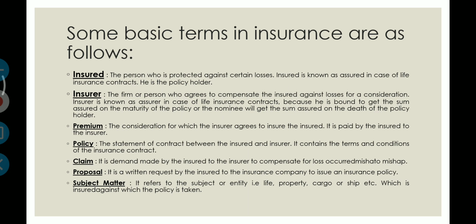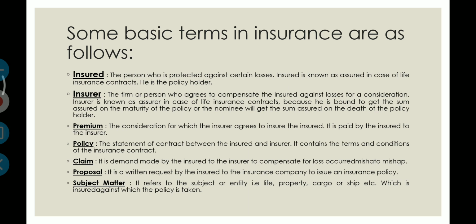Why? Because in other forms of insurance like marine insurance, fire insurance, or any other general insurance, the person is compensated. If I am taking the insurance policy, I am only secured. I will only be getting returns and I will be minimizing my risk and my loss. But in case of life insurance, it is not so. Why?